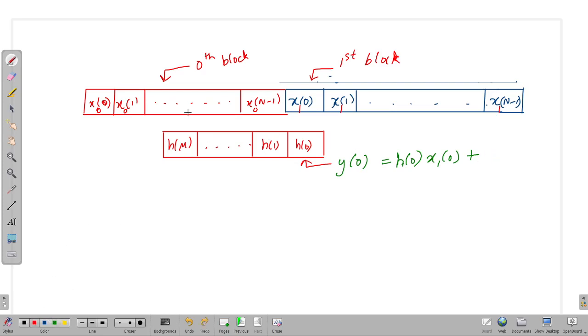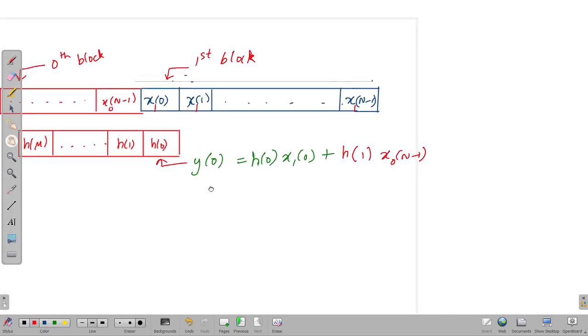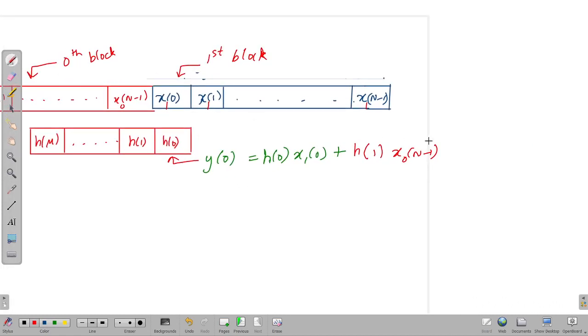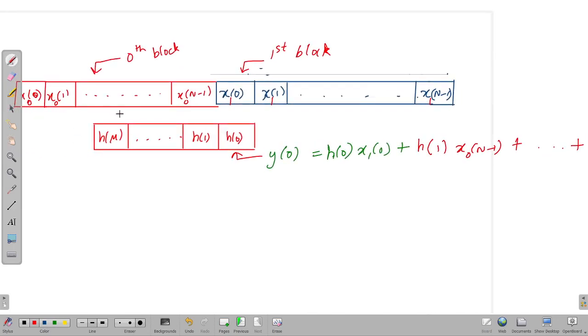So let me denote that by red color. h of 1 into x naught of n minus 1, plus etc., up to h of mu into the symbol corresponding to this block x naught.